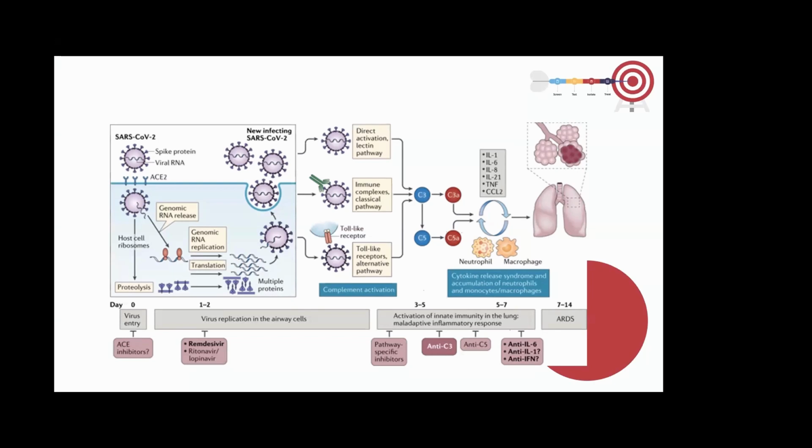What happens is most of the patients initially between day 0 to 5 have very mild symptoms, and suddenly after 7 to 14 days, the second week from having a very mild illness, they go into a very severe course.